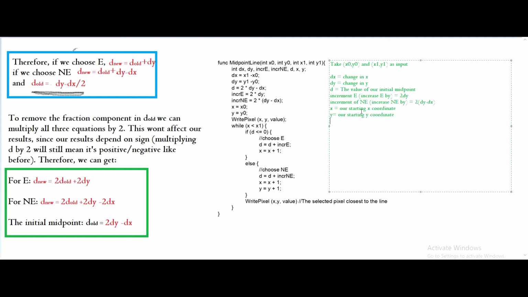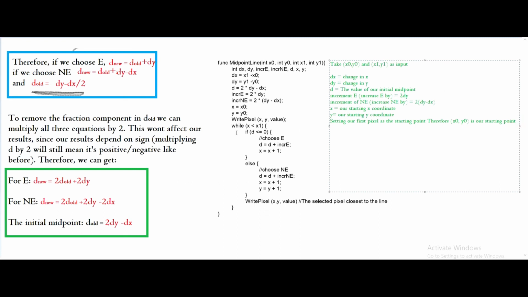So this is basically setting our first pixel as the starting point. Therefore, x0, y0 is our starting point. So that is what this write pixel line has done.